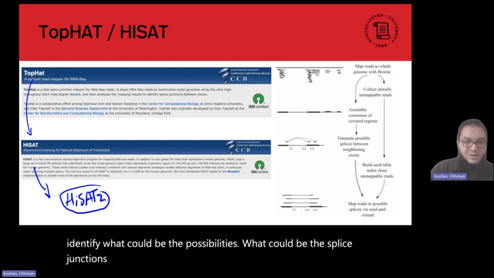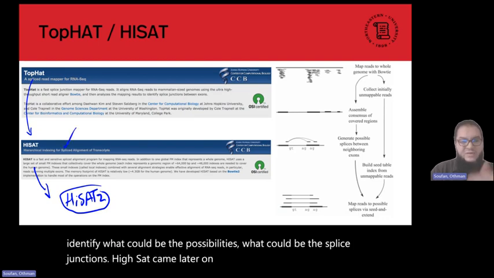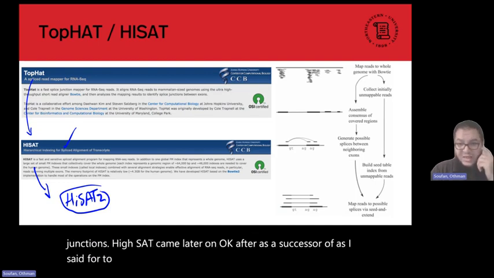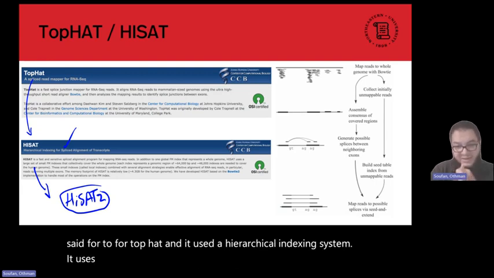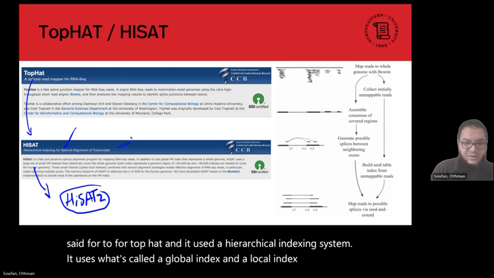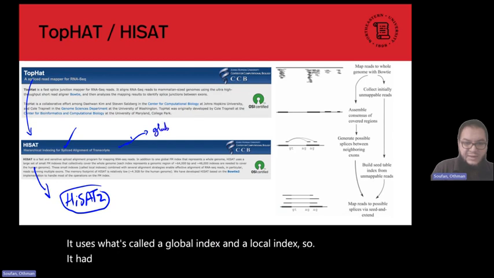HISAT came later on, as a successor of TopHat, and it used a hierarchical indexing system. It uses what's called a global index and a local index.